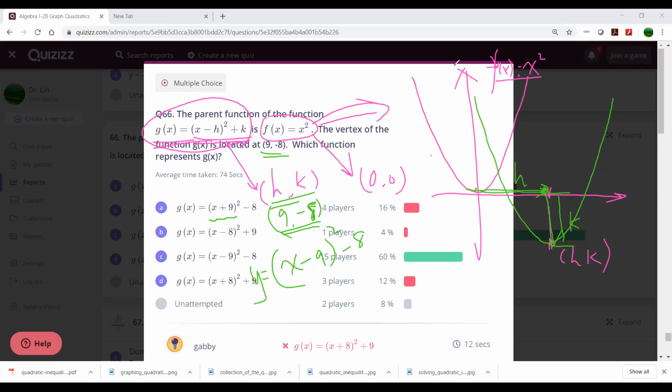The axis of symmetry, when you put it inside, the complete square part will become 0. When you put the number in the complete square part into this formula, the complete square part would become 0. So here is wrong, here is wrong, right? You put a 9 here, that becomes a 0. Only this one. Let's keep it in mind. Do you know why?